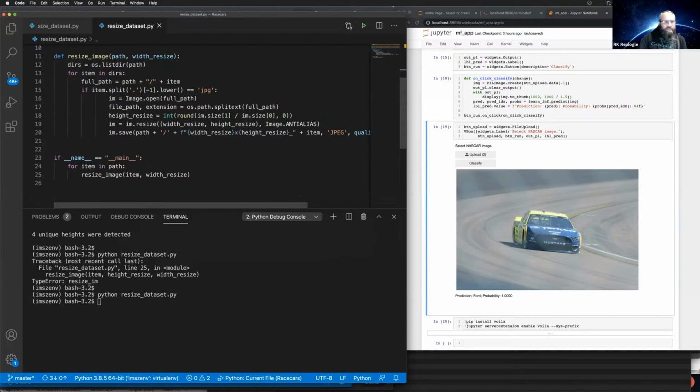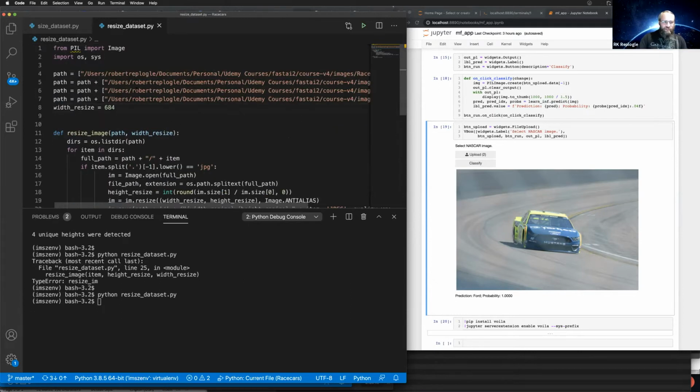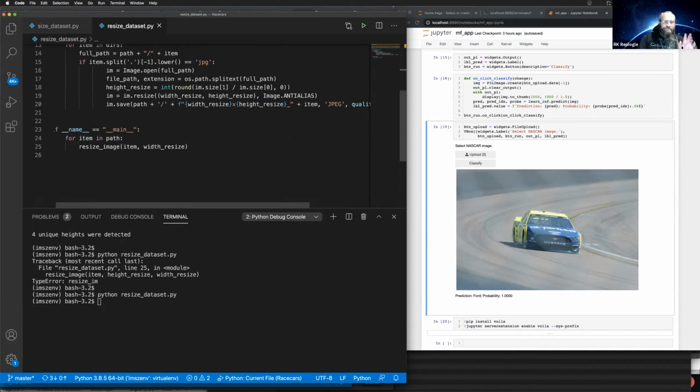And it gets the resize width, and the resize height is based to maintain aspect ratio. So I didn't want to squish or stretch anything. And because these are all much higher resolution than 684, you won't lose anything. Yeah. So that took me a little time to figure out how to do.